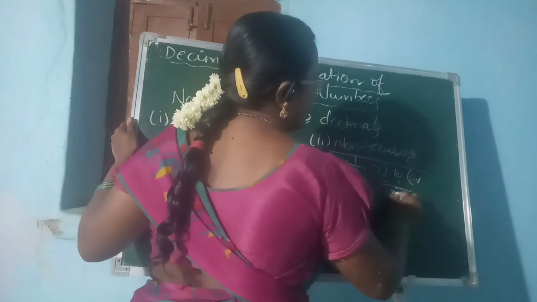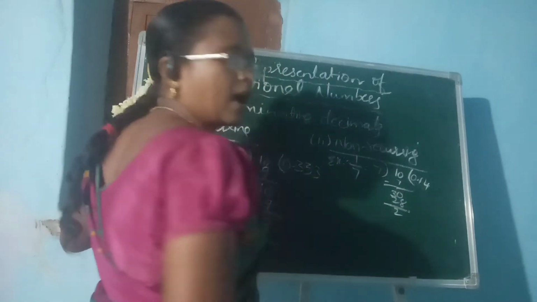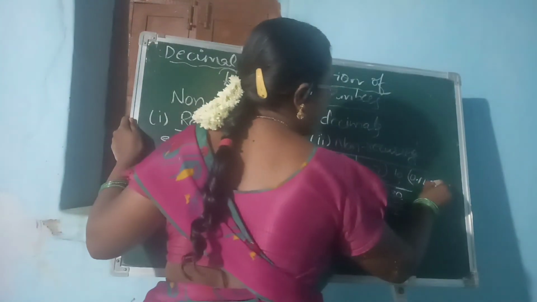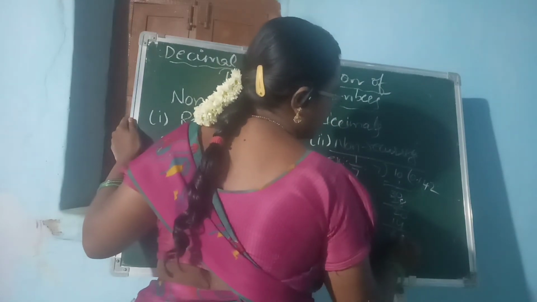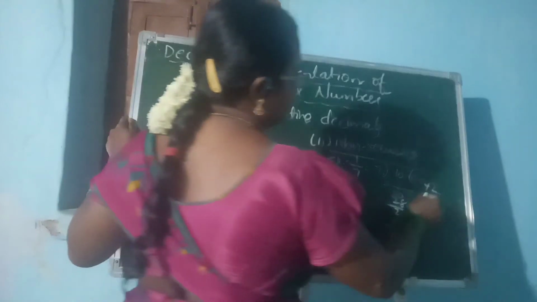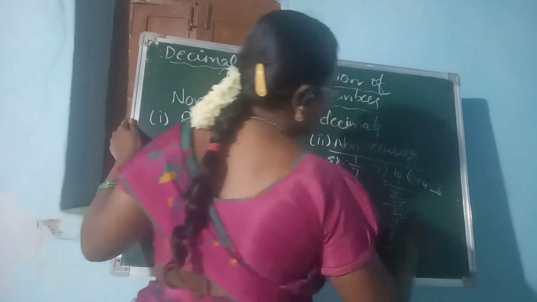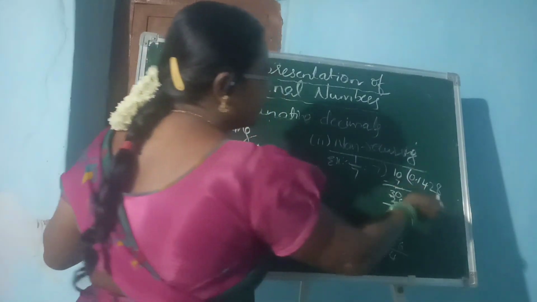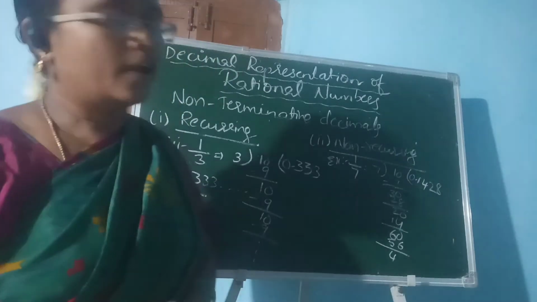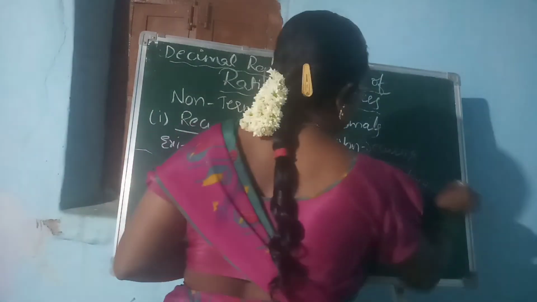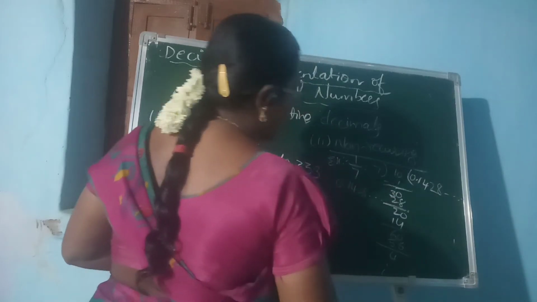Now keep a point. 7 fours are 28. 2 again does not go. Keep a point. 7 twos are 14. Again 6 does not go. Go for this. 7 eights are 56. Again 4. So the answer is not stopping here. It means a non-terminating decimal. It goes on like this itself, and it can be written as 0.1428 and so on.